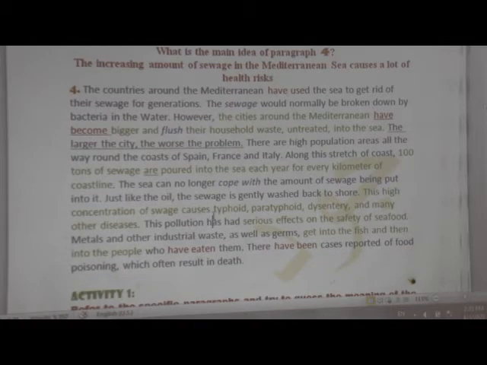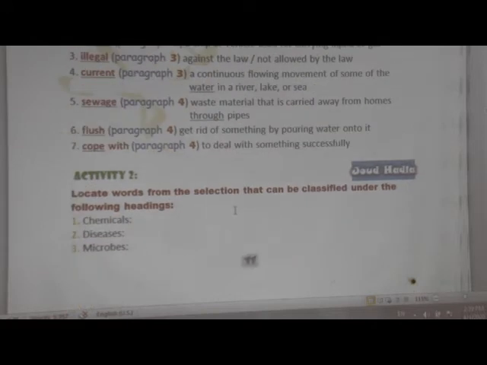Now another form in the last sentence, who have eaten them. So all of these are present perfect forms. Again, in the last sentence, there have been cases. So they are all present perfect forms.